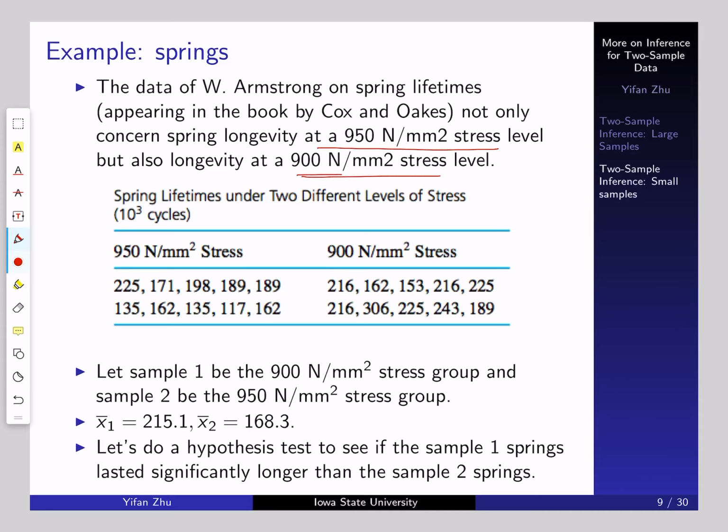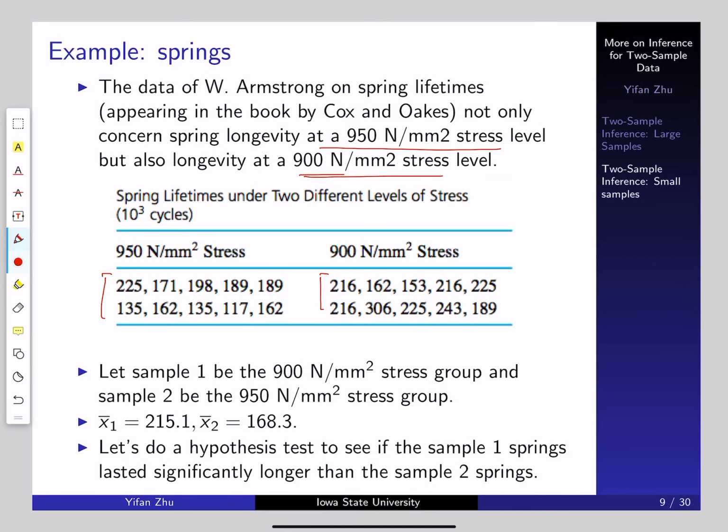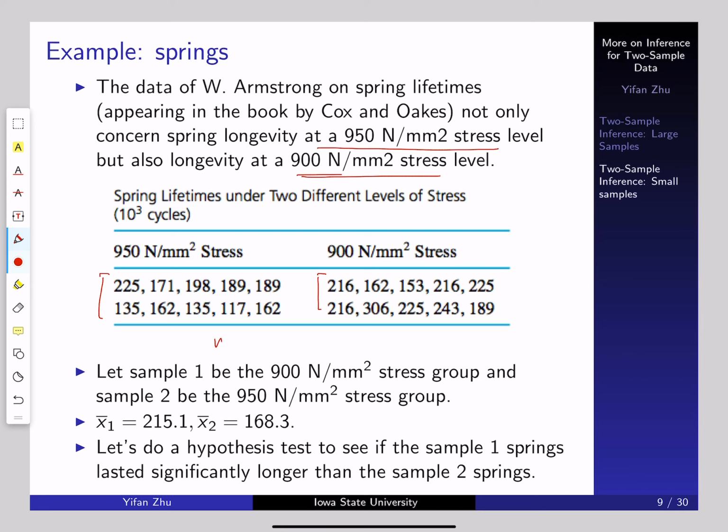And we collected two samples under these two stress levels. Each of them has a sample size of 10. And we use sample 1 to denote the 900 stress group and sample 2 to denote the 950 stress group.